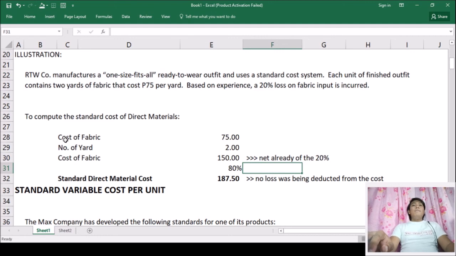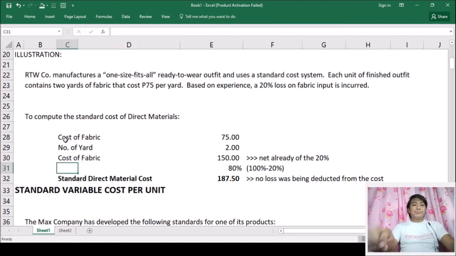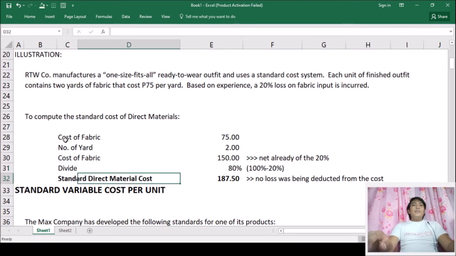So we need to determine the value of the cost of fabric that includes the 20% loss. This 80% is the 100% minus the 20% loss. We will use that to divide into 150 to get the standard direct material cost of 187.5.